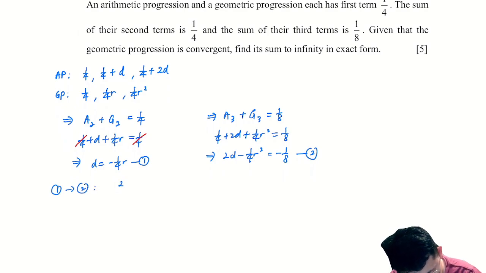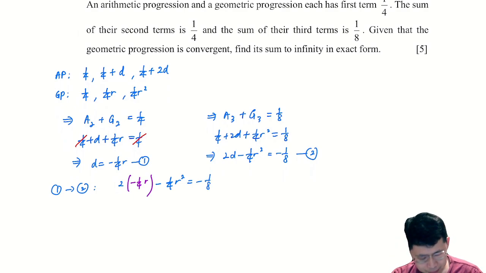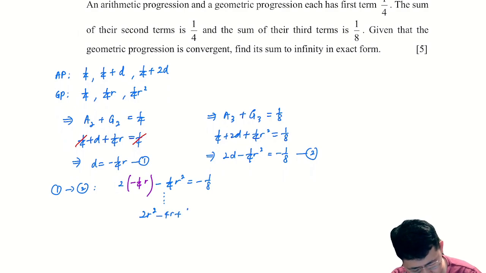So this would be 2 of this. Okay, something like that. So a few steps later, we will simplify to 2R squared minus 4R plus 1 equals 0.